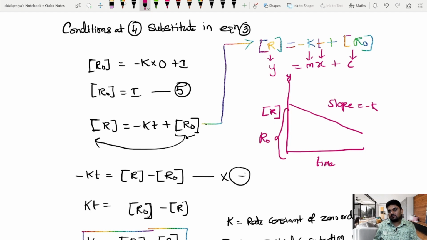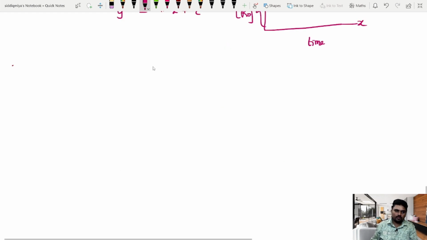This is the graph. In y is equal to mx plus c, on the y axis we have R, on the x axis time, the slope is negative, and c is the concentration R naught. This graph we will get. Now write these reactions, examples for zero order.